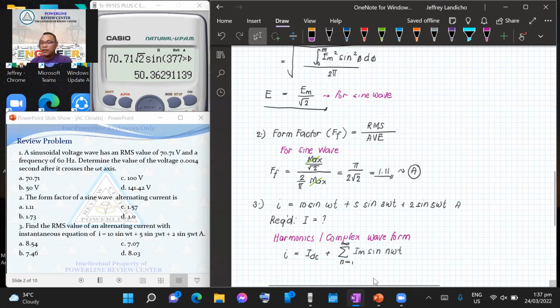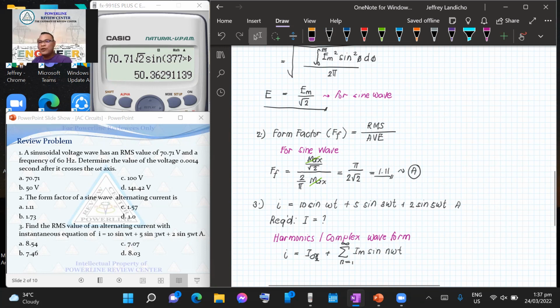So kung voltage yan, VDC, then you have AC waveform or AC form. Kaya tinawag siyang complex waveform kasi for this given instantaneous or alternating quantity, it is known to be complex since most of the time meron tayong constant part. So the constant part of our waveform usually represent the DC component. So kaya tinawag siyang complex waveform, meron siyang DC component at meron siyang AC component.